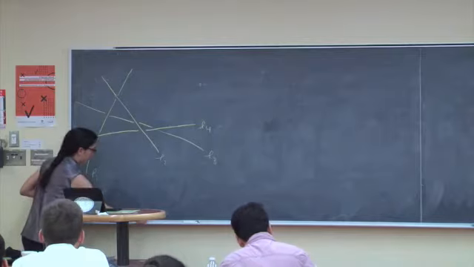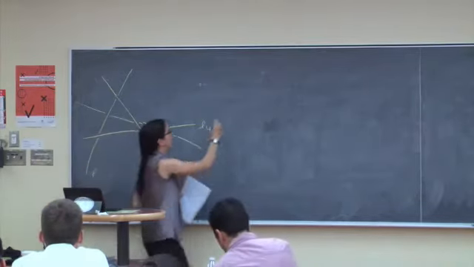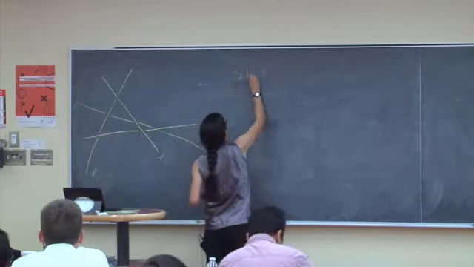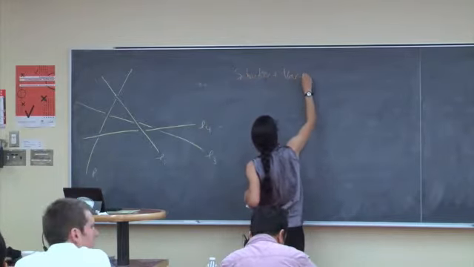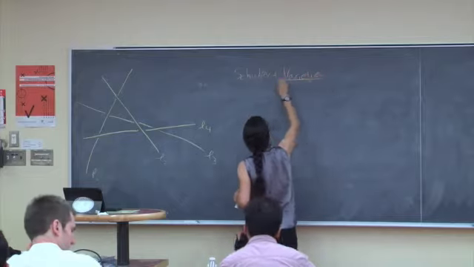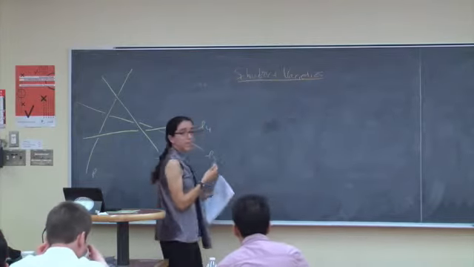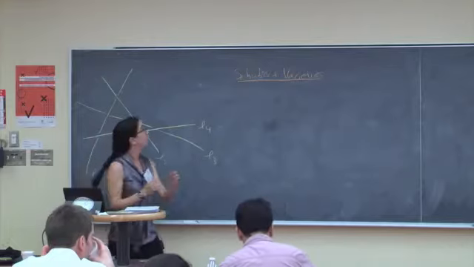And what we're going to end up doing is making Schubert varieties, which are defined to be the sets of all lines passing through each of these lines.